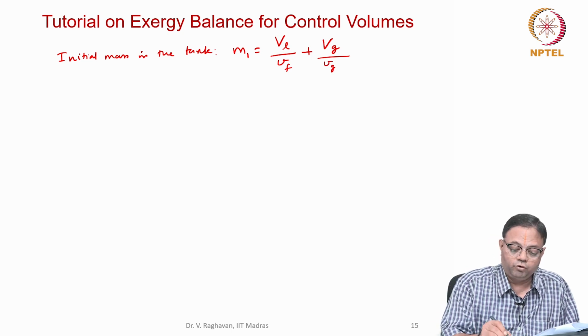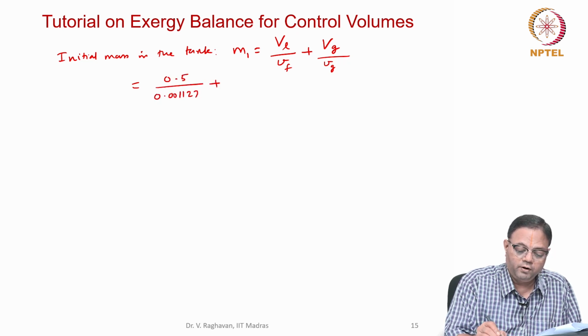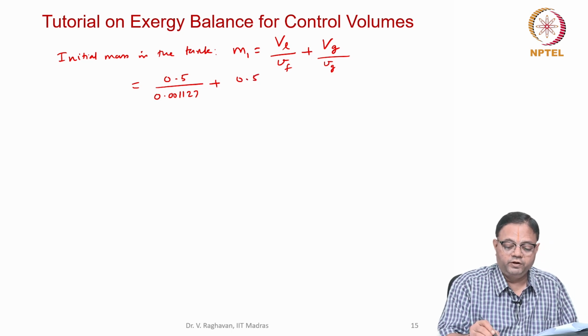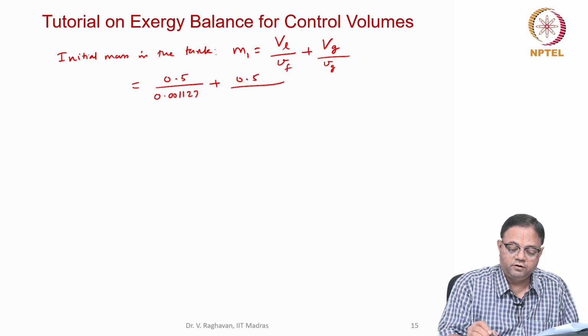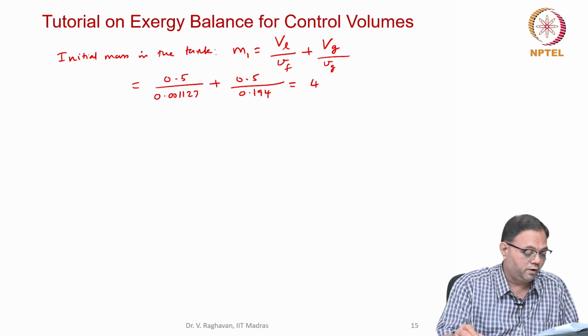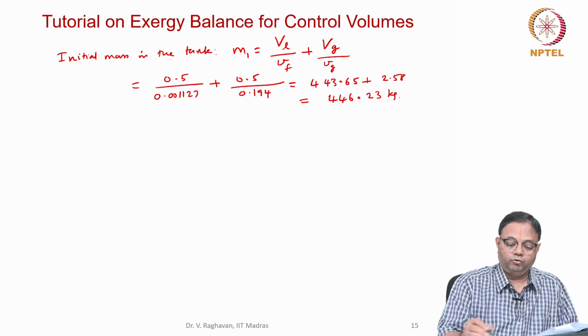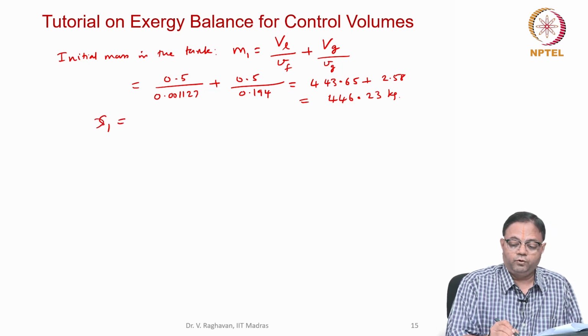So that will be equal to 0.5 divided by 0.001127 plus, again the volumes of vapor and liquid are same in the initial condition, so that divided by 0.194, which will be equal to 443.65 kg plus 2.58 kg, that will be 446.23 kg.